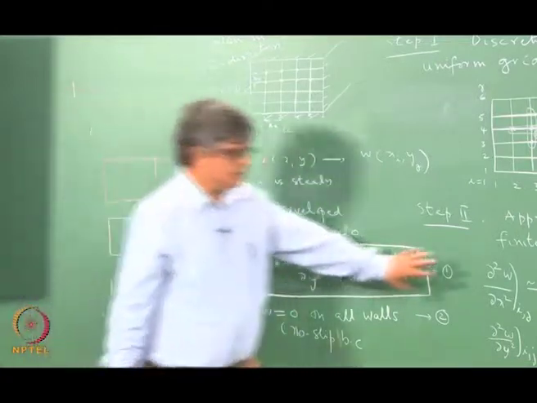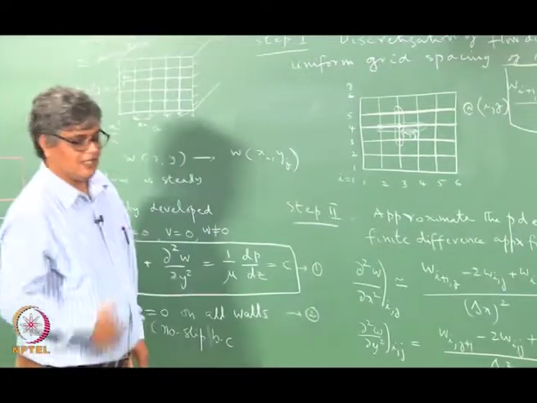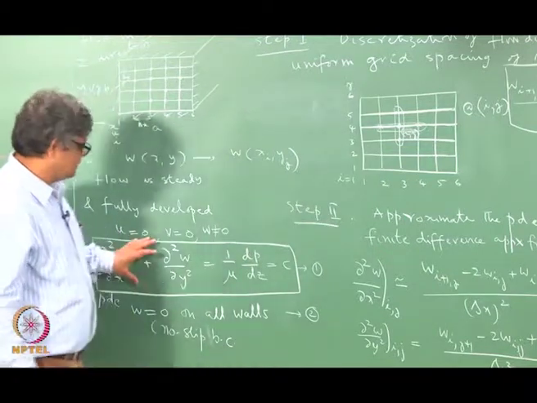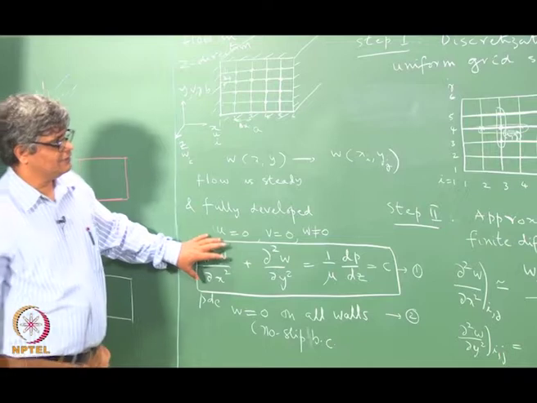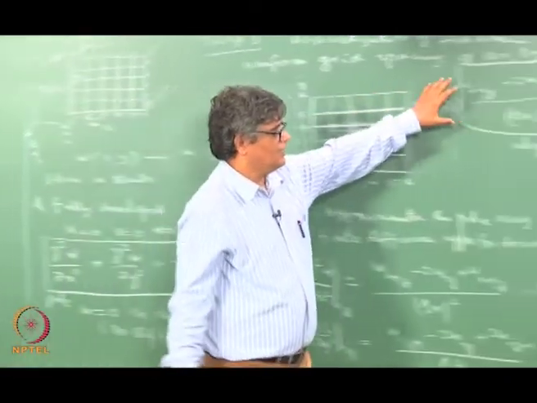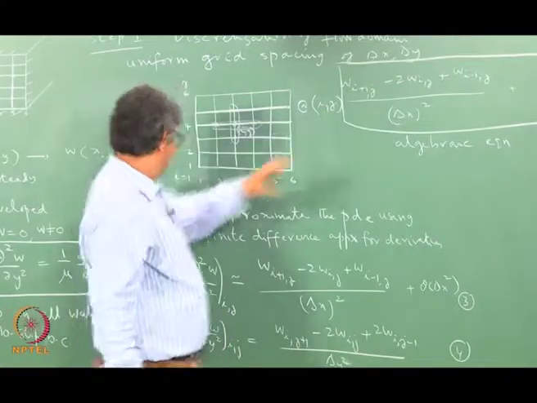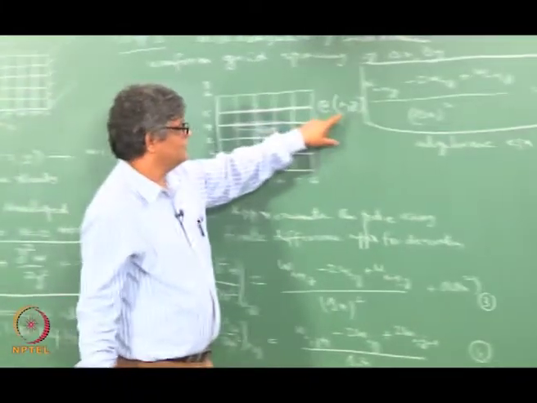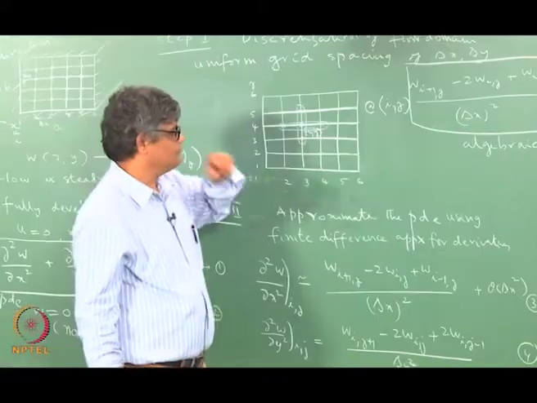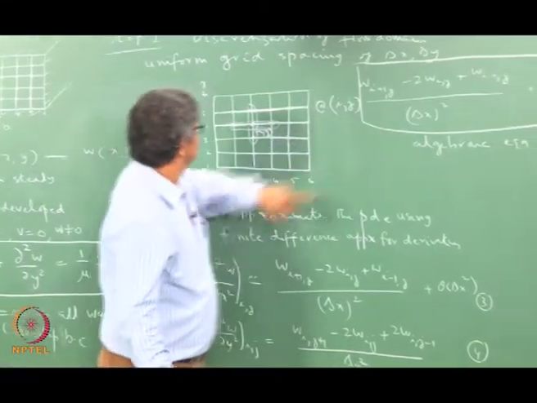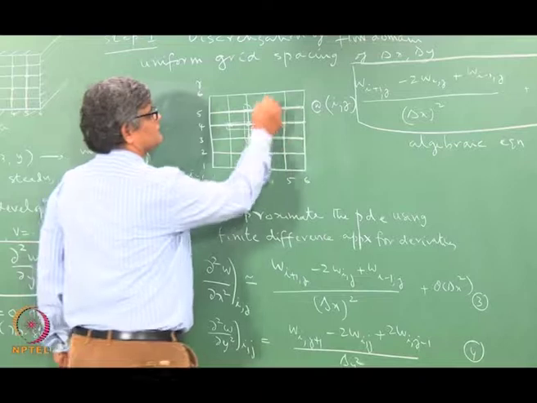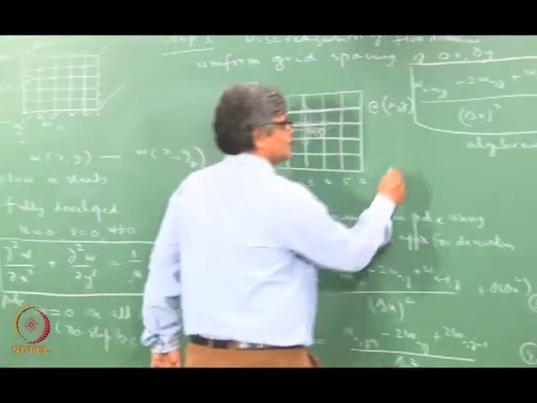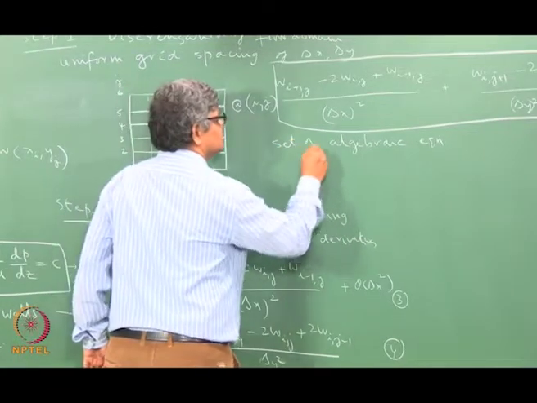So, using finite difference approximations and other types of approximations, in step 2 we convert the governing partial differential equation into an algebraic equation. But whereas equation 1 is valid at every x and y, this is valid only at a specific value of i and j. So, we write this for every point at which we want to have the velocity.